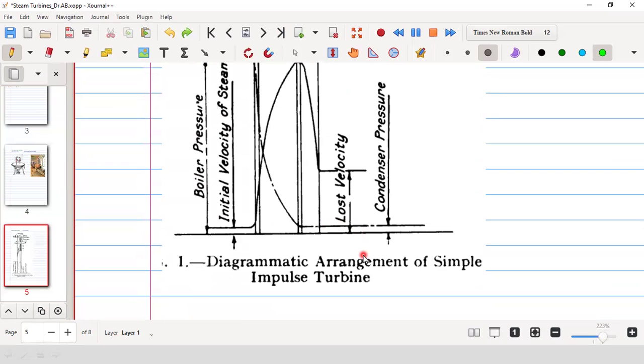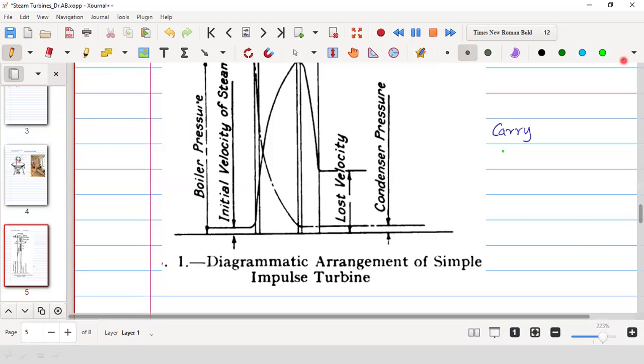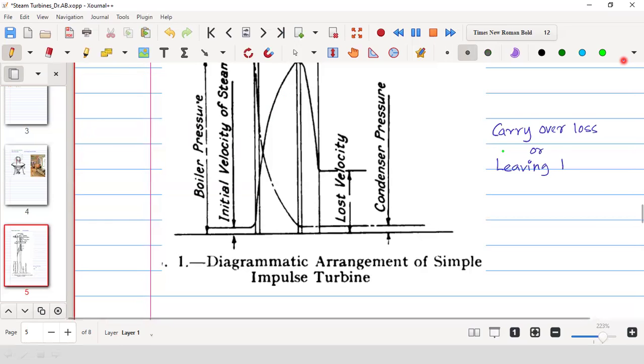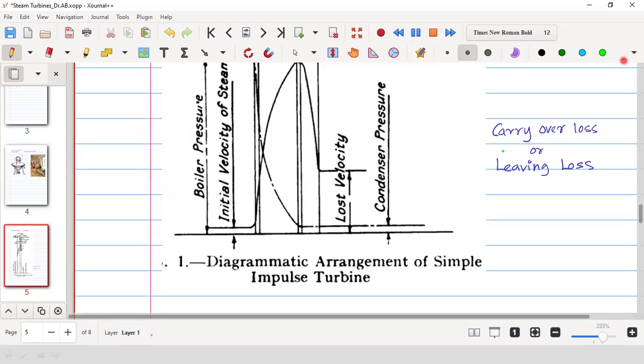That is also called carryover loss, or leaving loss. That means here you have some velocity with which it is going out. Therefore, it has some kinetic energy which is not used, and therefore it is a loss. So it is called carryover loss or leaving loss.